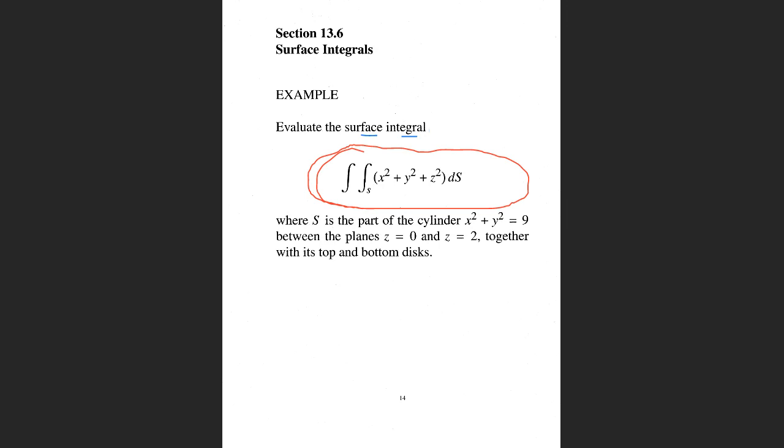Suppose they just said evaluate and they didn't put the words, the surface integral. Why is this a surface integral? What's telling you that? Could somebody underline something in the double integral that's telling us that? There you go.